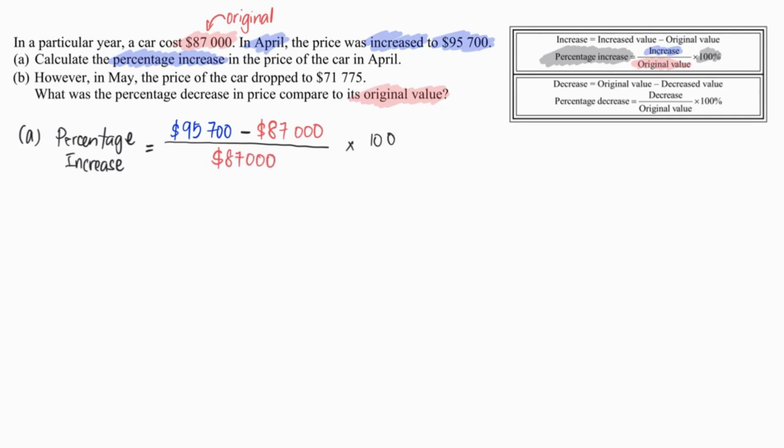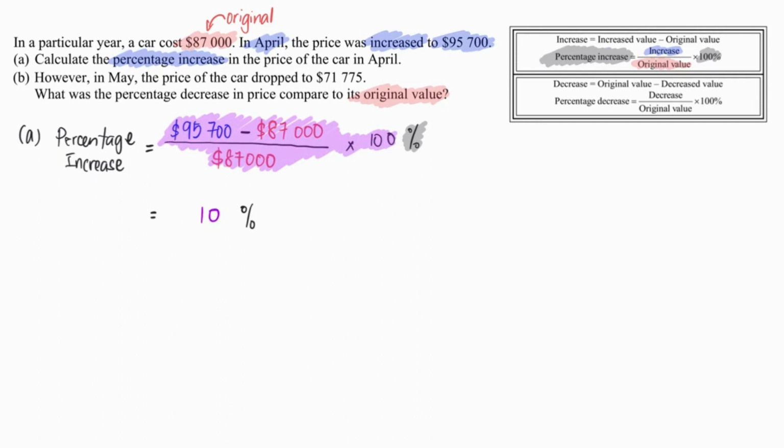Before I multiply by 100%, do take note the percentage is always at the end, and when I key into the calculator, I would be keying in this as a fraction multiplied by 100. This will give me a value of 10%.